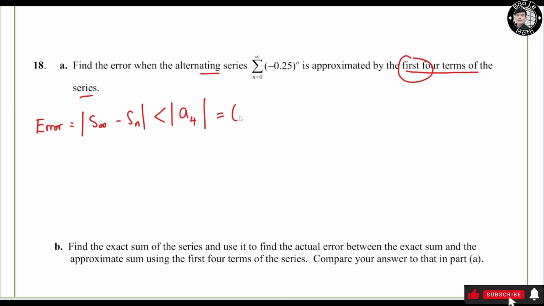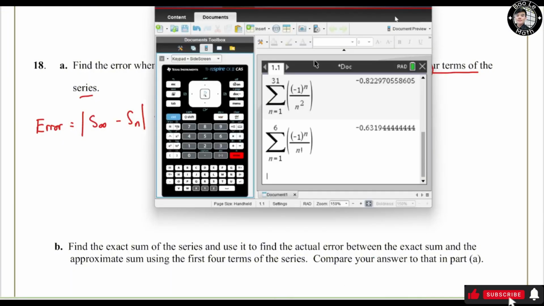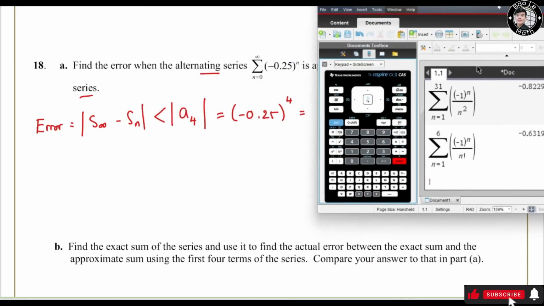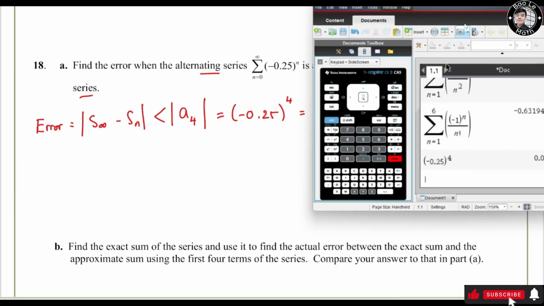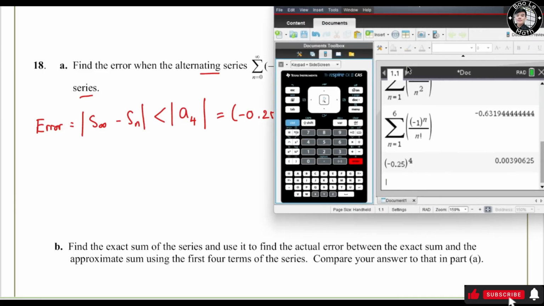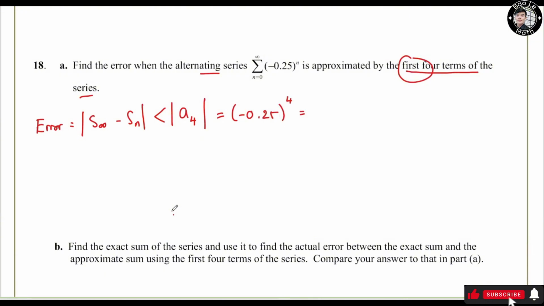And it's going to be negative 0.25 raised to the 4, right? So we're going to pull up the calculator. Negative 0.25 raised to the 4. Press Ctrl Enter. It's going to be 0.0039, right?